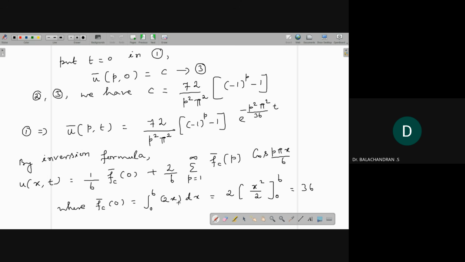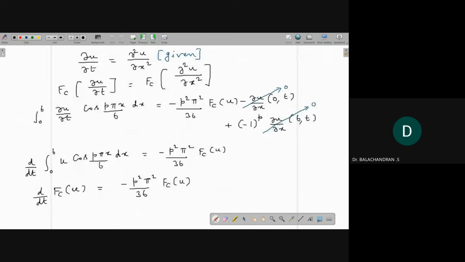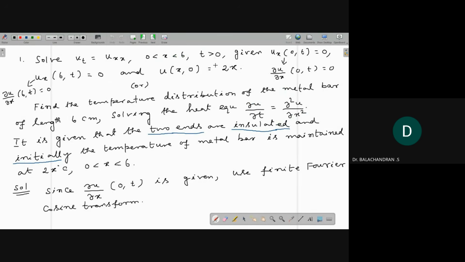F of x is given in the problem, it is 2x.